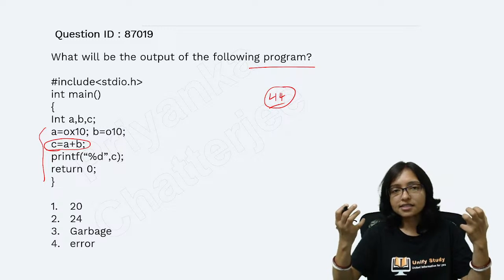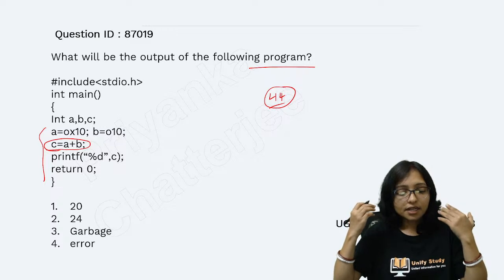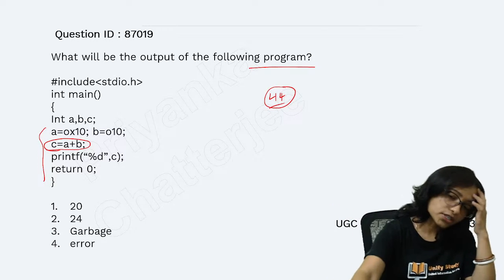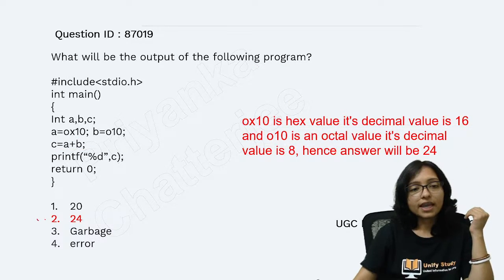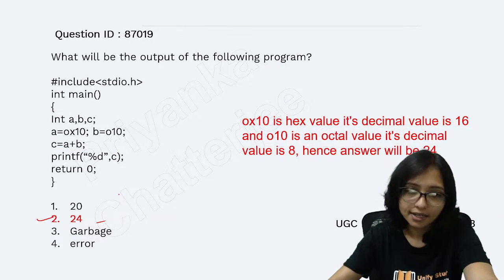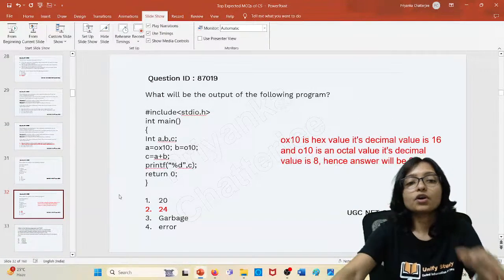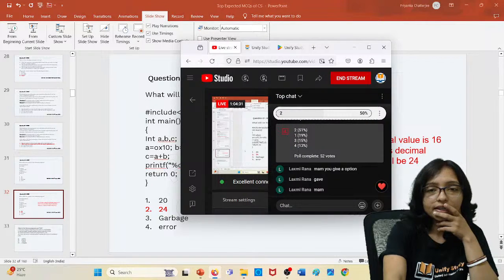Yes, this is the answer. I am feeling that this can be the answer. Still now why are you not answering? 50 votes already I got, and here 24 is the correct answer. 48% students did the correct answer. Why is this the answer? Because it is given a hexadecimal number and an octal number, nothing else.